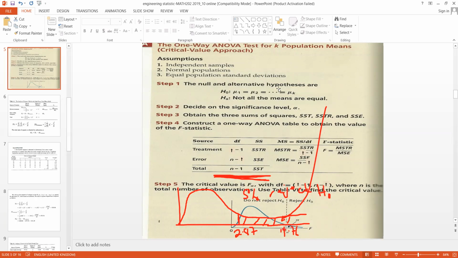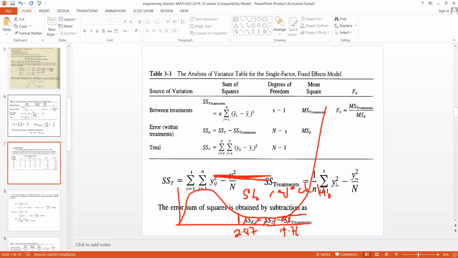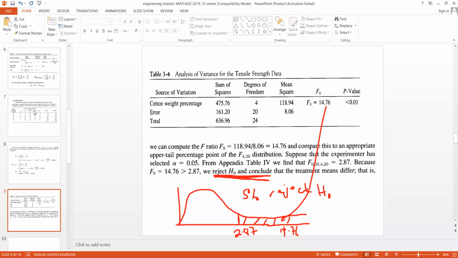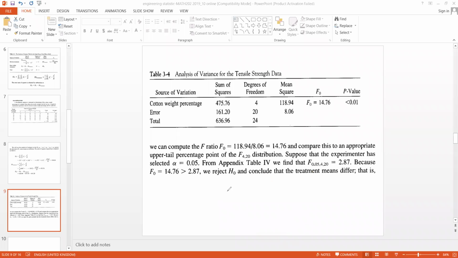So if we've rejected the null, then we are saying that at least one of the treatment means is different. Good. So if one is different, then the question that arises next is, which one is higher, or which one is greater, and which one is the least? Once there are differences, there should be one that is higher than the rest.